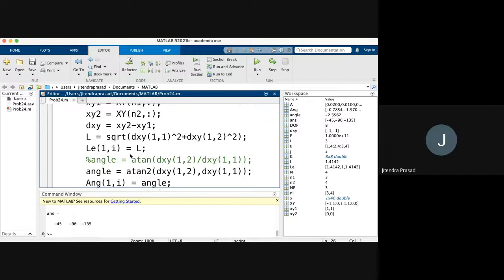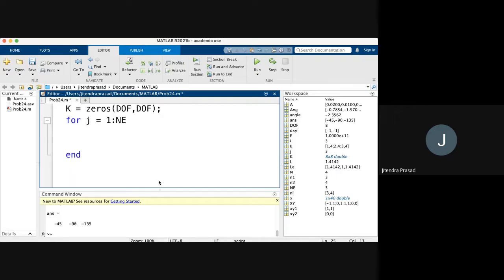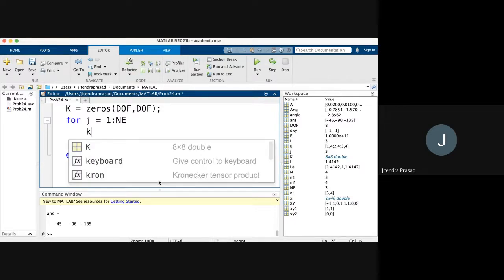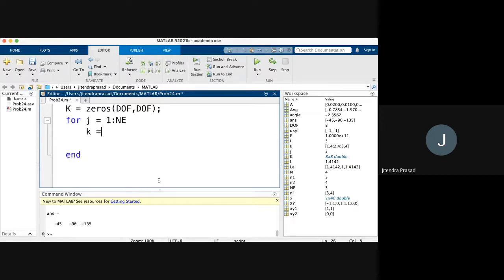So far we got the angles and the length. Next we have to do the stiffness matrix, and we have the K. So Kj, we write just K. And that stiffness matrix is what?